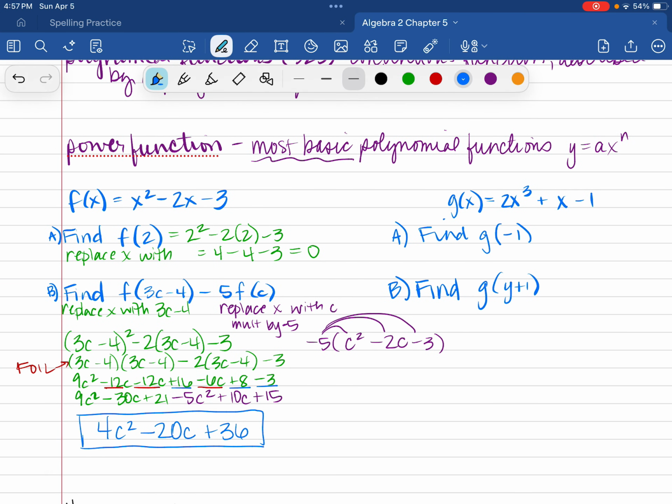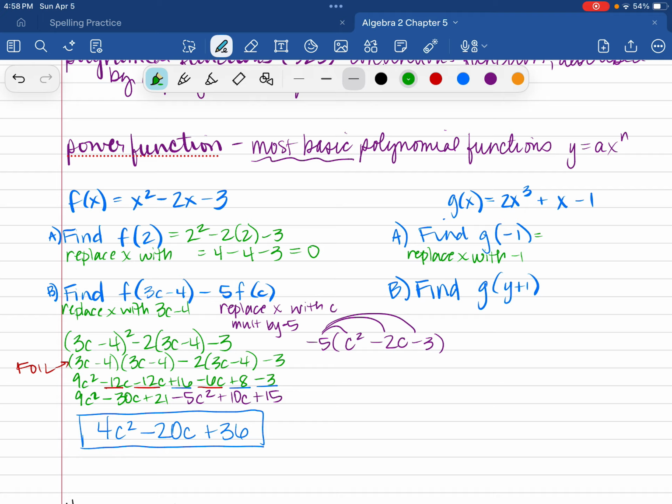Okay, on the second one, we maybe should have done this one first. It's not as awful. When we plug in for A, we're doing g of negative 1, so that tells me I'm going to replace my x with negative 1.